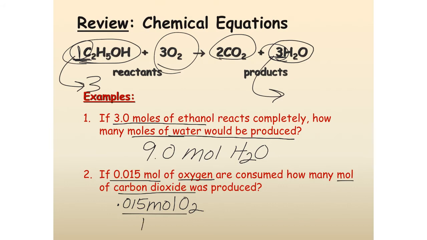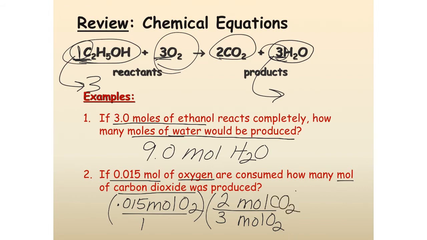So we take what we're given, and we put that over 1. We know that moles of O2 need to go in the denominator so that it cancels. This is going to be a 3 because that's what we got in the balanced equation. The top would be 2 because of the 2 in front of the CO2. So it's 2 moles of CO2 per every 3 moles of O2.